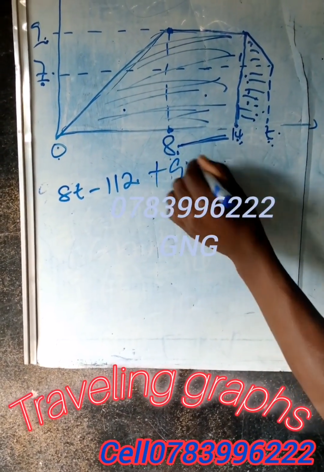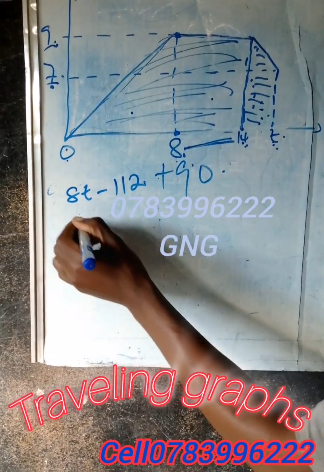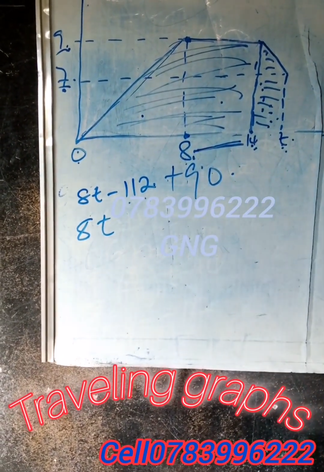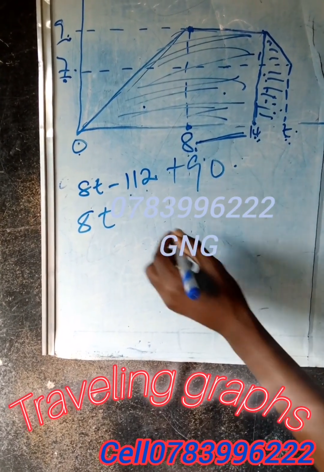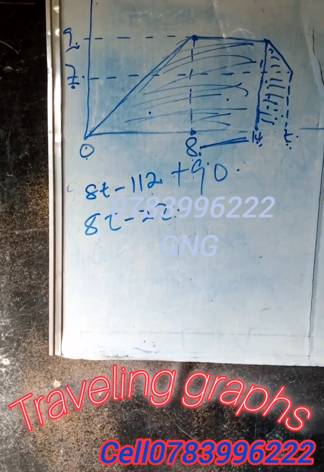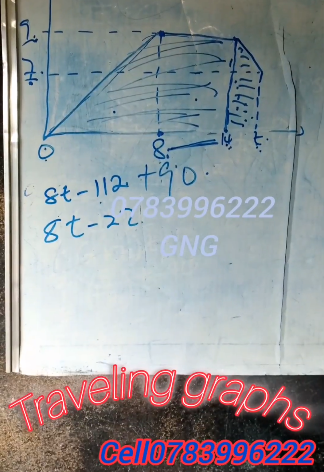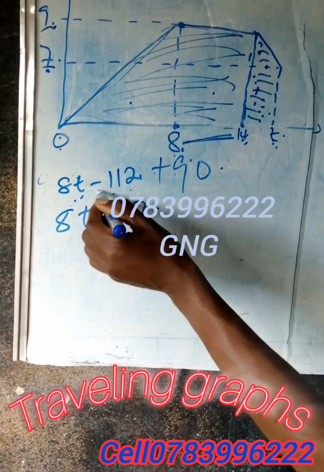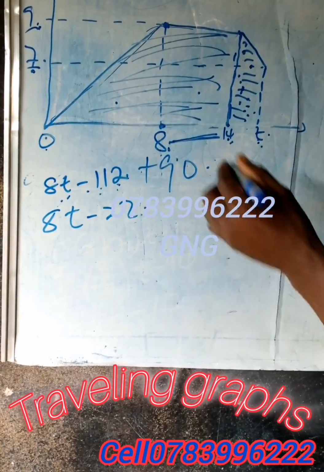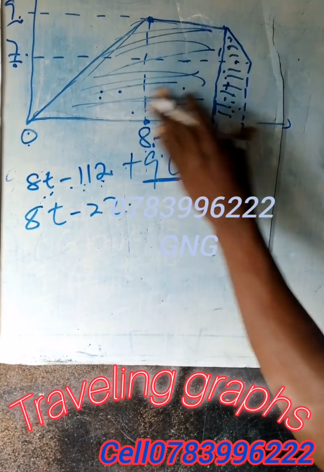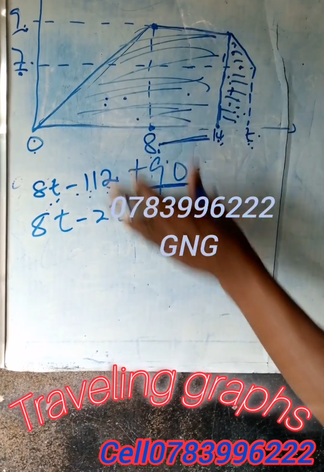So we may say plus 90. So what is our final distance? 8t minus 112 plus 90. We get minus 22. This distance we calculated is 8t minus 112, then we add 90 so that we get the distance of this whole shape.